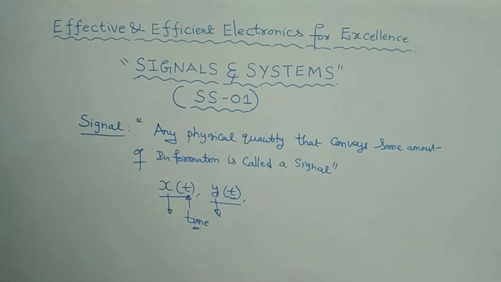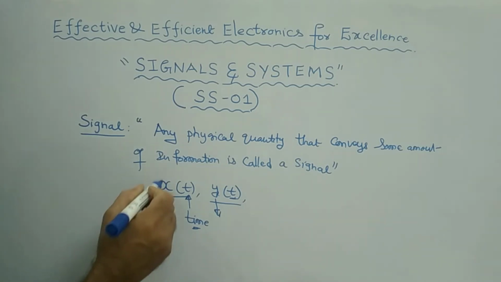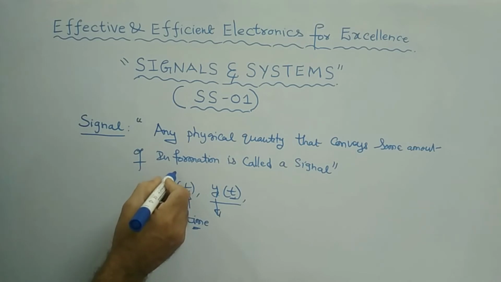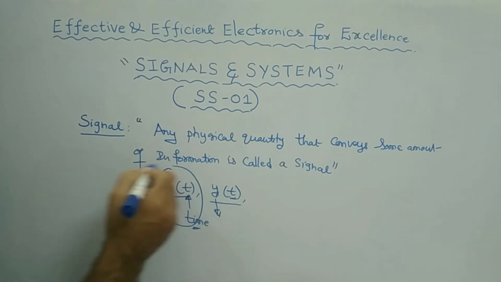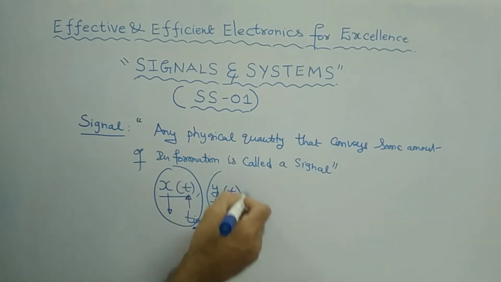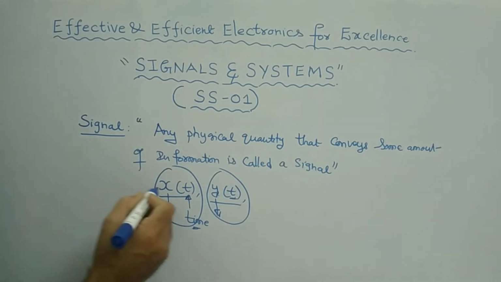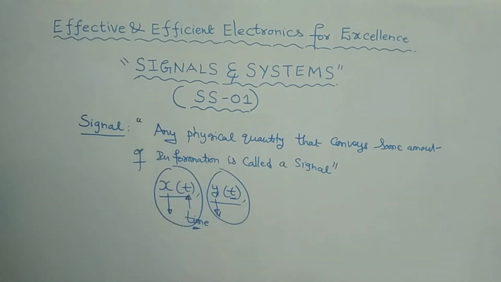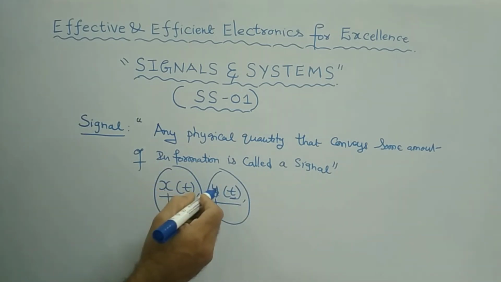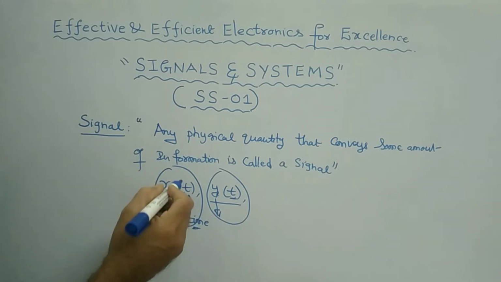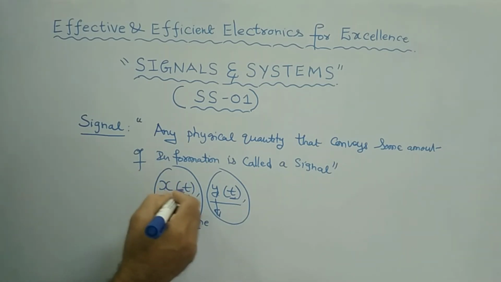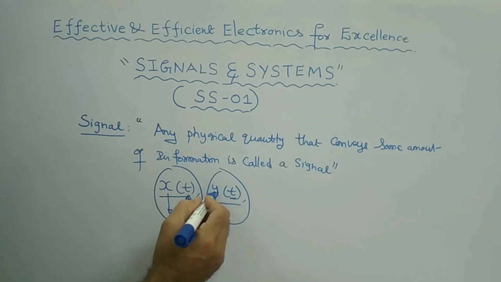Clear? So x of t is the representation of a signal, or y of t is the representation of a signal. Normally, the signal is denoted with a small case letter, like small x, small y. X of t, y of t, means it depends on time.